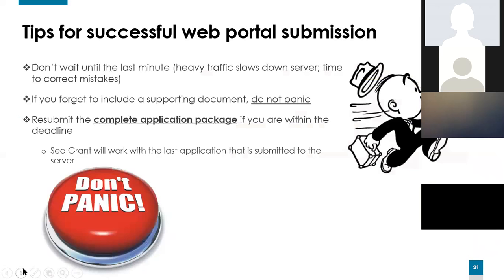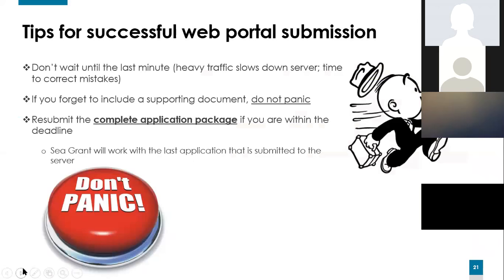And also, in case you should make any mistakes, then you have time to correct your mistakes. And by mistakes, the most common mistakes that we've encountered occur when an applicant either forgets to include a document or they submit an older version. Now, if you should experience any one of these issues, and it's before the deadline, please do not panic. If you are within that deadline and there's still time, you can correct it.